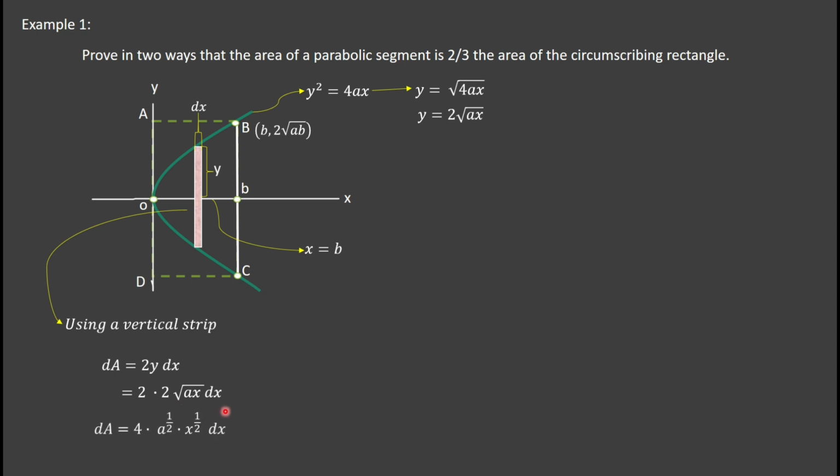Then integrate, or simplify first. Extract the radical, the square root. So we have 2 times 2 is 4, then a to the power 1/2 times x to the power 1/2 dx. Next, integrate. The integral of dA equals 4a to the power 1/2 times the integral of x to the power 1/2 dx.